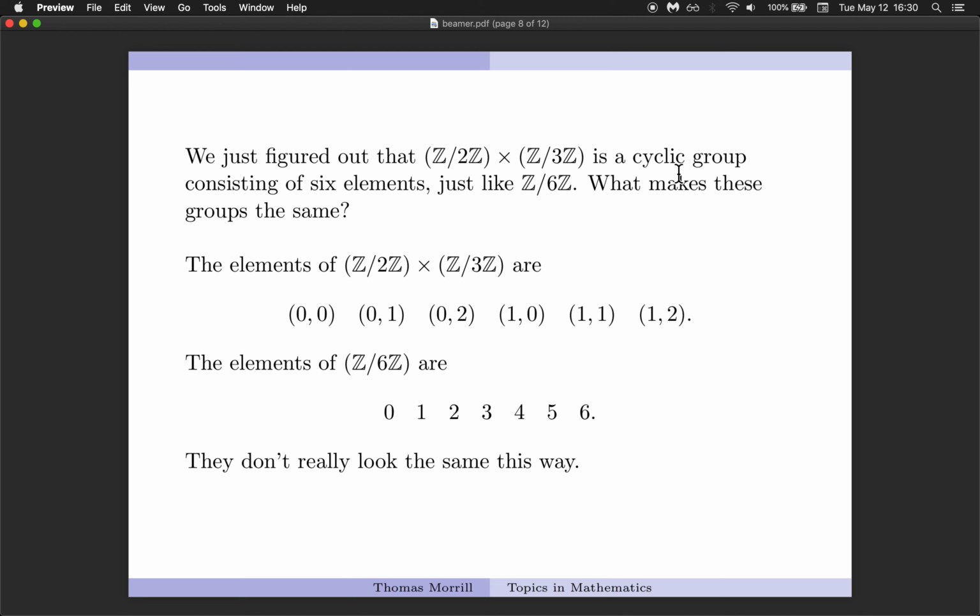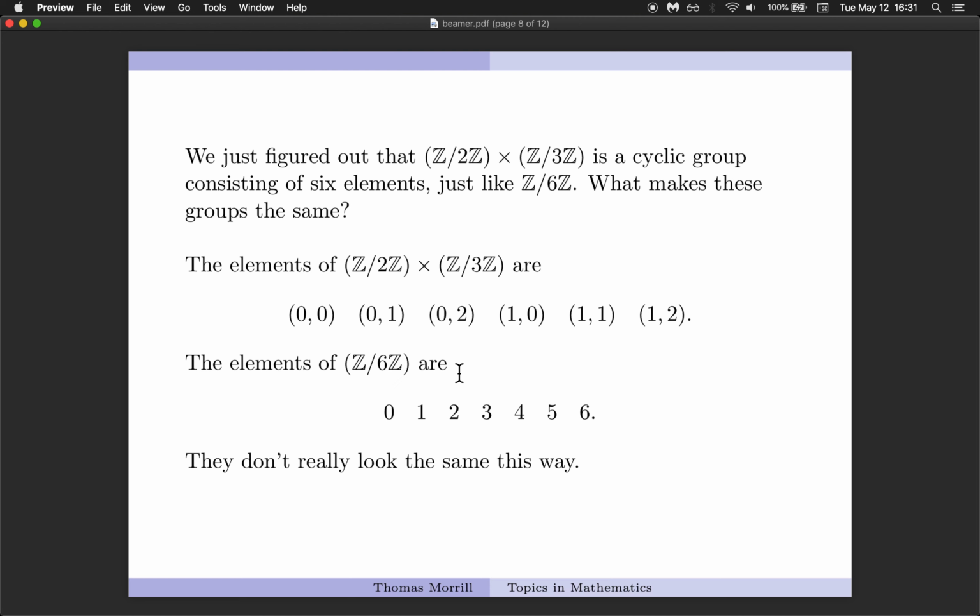How can we line up the elements of one of them to get the other? So again, my elements of the product group are (0,0), (0,1), (0,2), (1,0), (1,1), and (1,2). The elements of Z mod 6, oh, can you spot the typo?